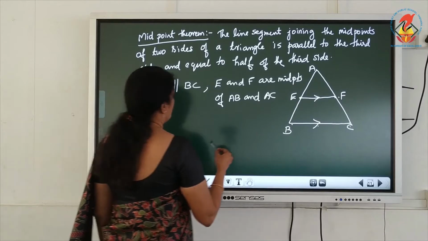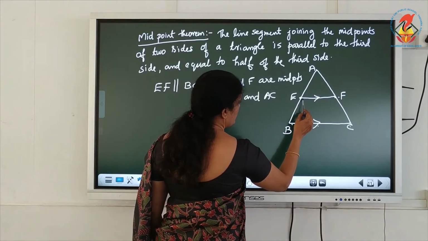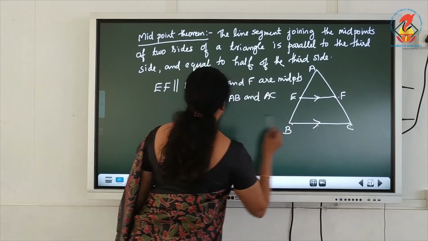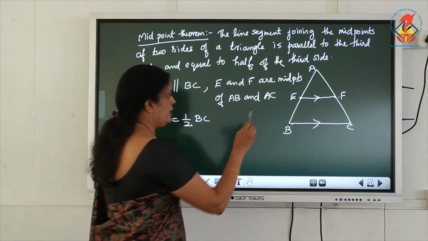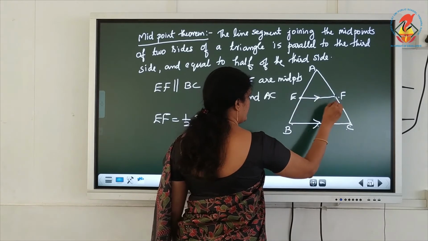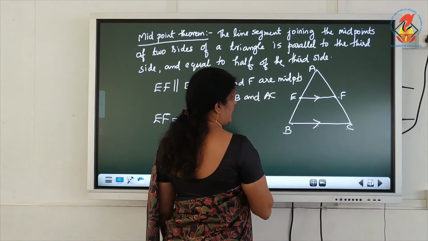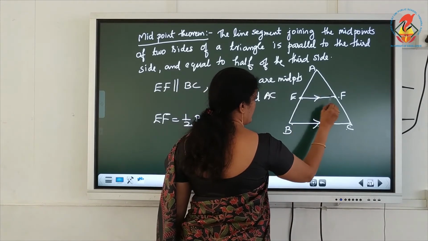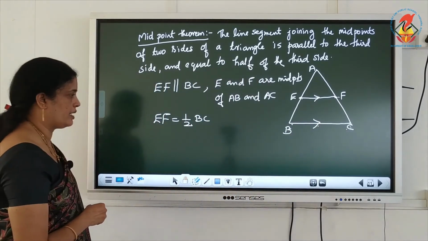Then EF is parallel to BC and EF equal to half of BC. This is the midpoint theorem. Join these two midpoints, this line is parallel to the third side and EF equal to half of BC. This is the midpoint theorem.